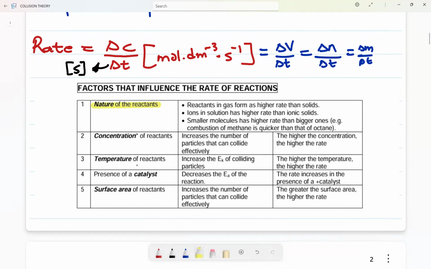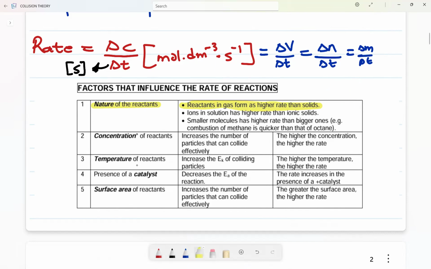So the first bullet says reactants in gas form have a higher rate than solids. This is for multiple choice, it's very important. Maybe you are given a reaction of gas as well as a reaction of solids, and they'll ask you which one has a higher rate.